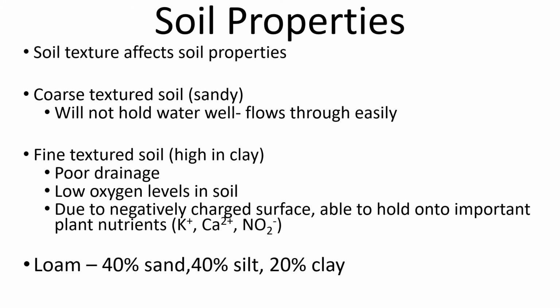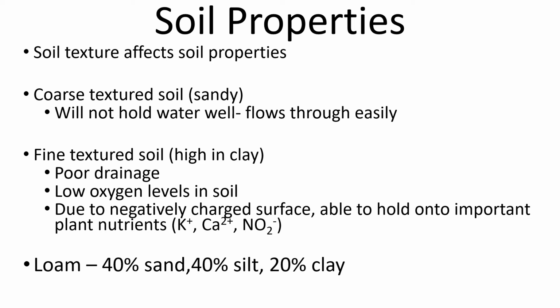The kind of soil texture that a soil has will affect the properties that it has. Something that's really sandy is going to have a low water holding capacity, and it's just not going to hold on to water, whereas something high in clay is going to hold on to water almost too well. It has really poor drainage and not a lot of airspace, so oxygen will be low.